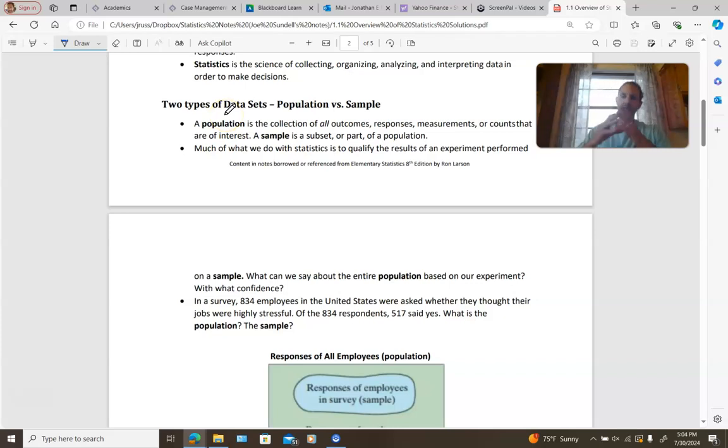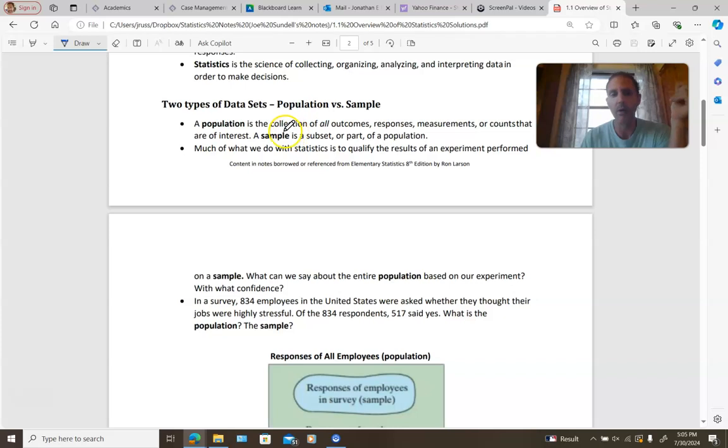So the population is this larger set that contains all the data that we would be interested in knowing. But many times it's impossible to collect the data from this population. And so what we do is we end up taking a sample, and a sample is a subset or part of the population. So instead of polling every single registered voter, we pick out a handful, maybe 1,000 of them, and then we ask them how they feel about a certain presidential candidate.